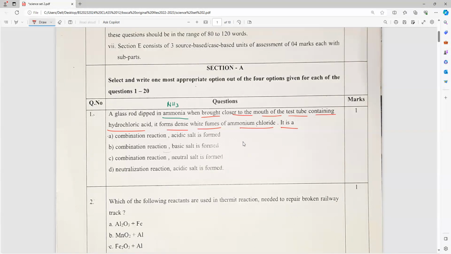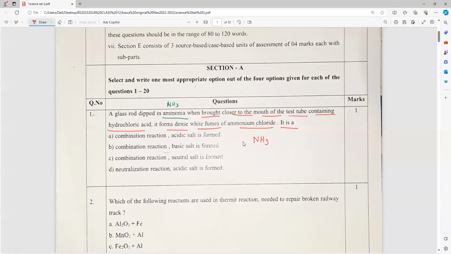So now, what is the reaction they are asking about? And what is the salt which it forms? Please respond. First you write, ammonia reacting with HCl.